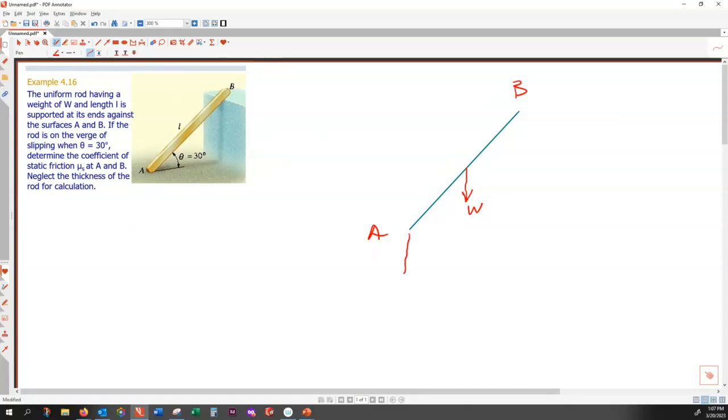Therefore, the normal would be like so. I call this NA. But at point B, the sliding will be tangent to the rod. So therefore, the normal at point B is like so. And I call this NB. And also the friction force is normal to the N.